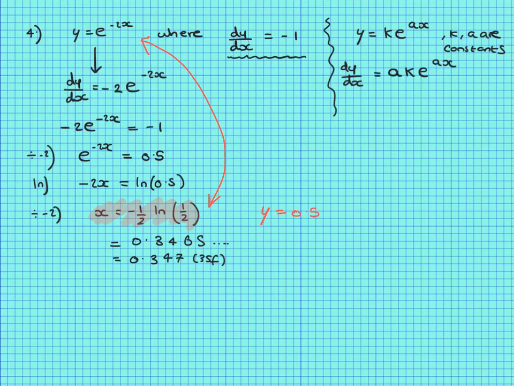Now that should make perfect sense because you are working out y equals e to the power of negative 2x, and then if you sub in your x value here, that's negative a half ln of, well, let's call it 0.5 for simplicity. So that is e to the power of ln 0.5, and the e and the ln cancel here, giving you a y coordinate of 0.5.